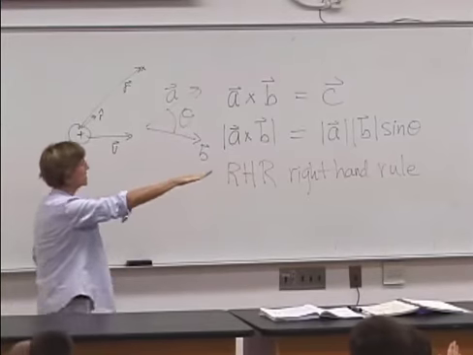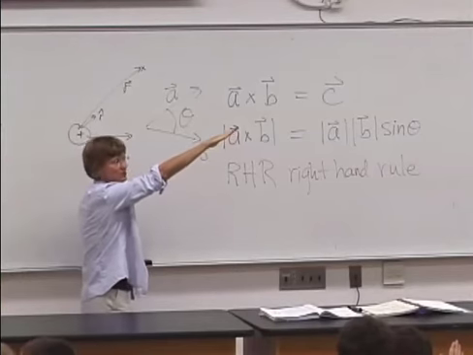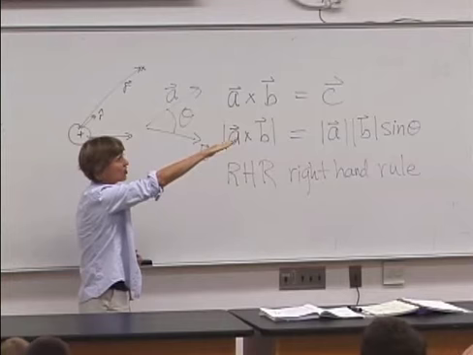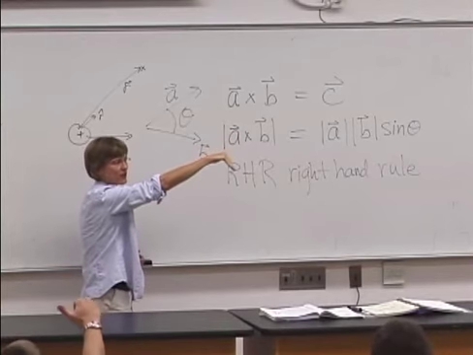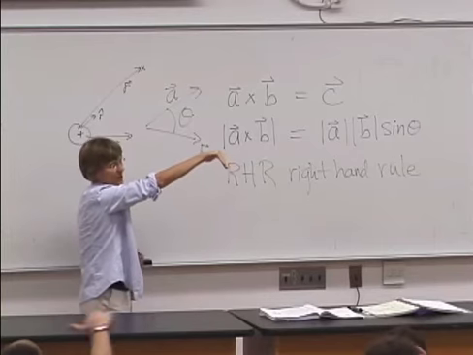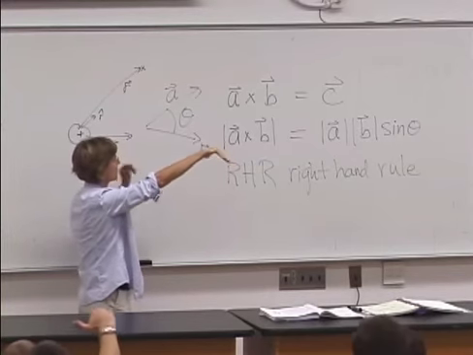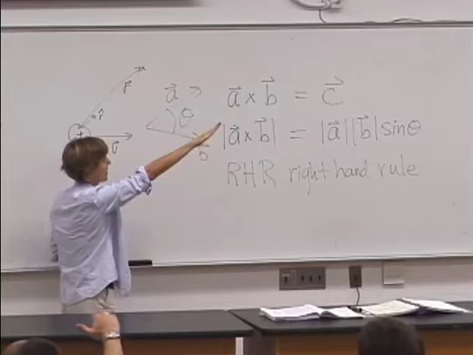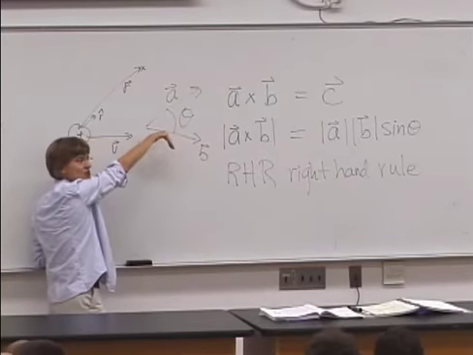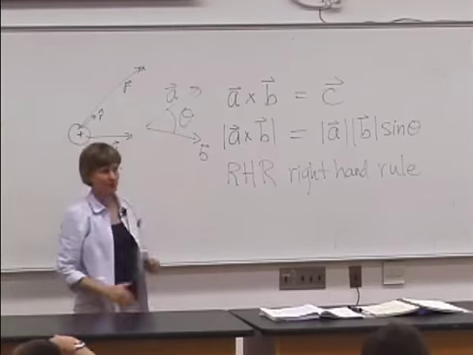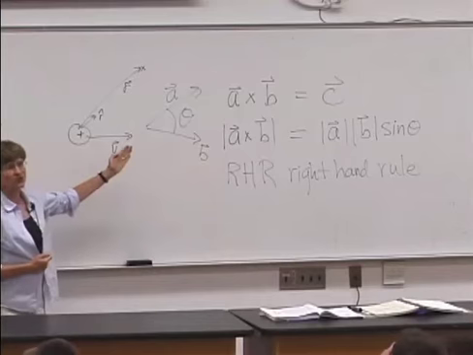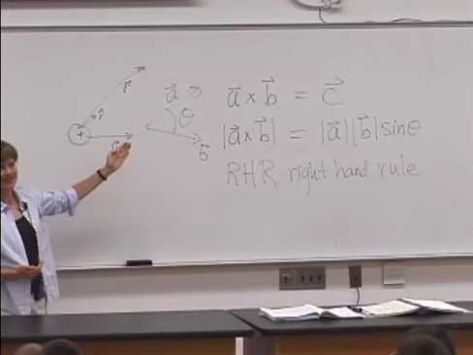No floppy wrist. You put your fingers in the direction of the first vector, and then you curl your fingers through the angle theta toward the second vector, and your thumb sticks out in the direction of the cross product. So in the way we've got A and B here, A cross B would be into the board. In three dimensions, the order matters, because let's do B cross A.